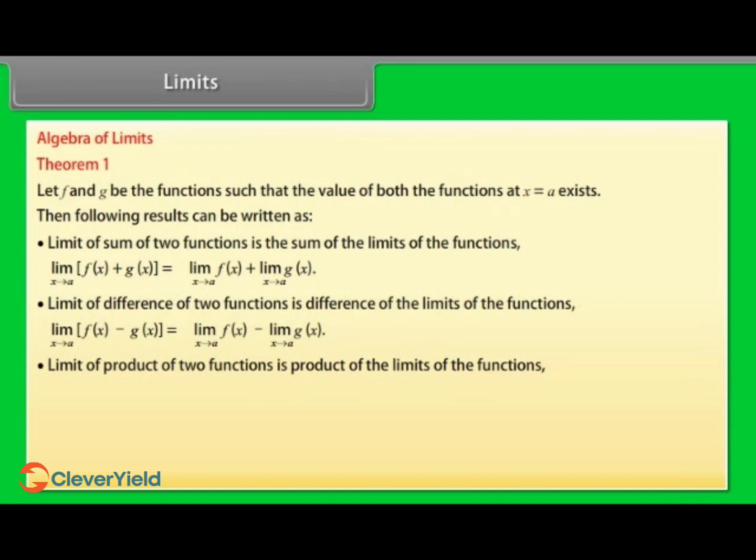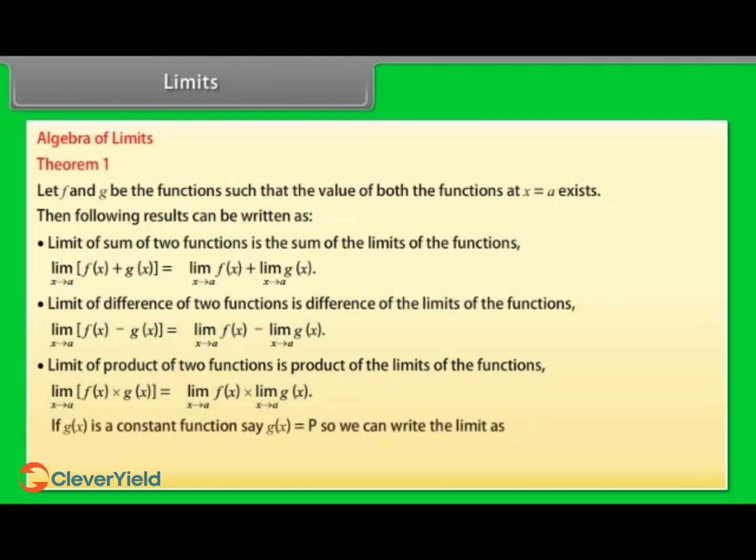Limit of product of two functions is product of the limits of the functions. Limit x tends to a of f of x into g of x is equal to limit x tends to a of f of x multiplied by limit x tends to a of g of x. If g of x is a constant function, say g of x is equal to p, so we can write the limit as limit x tends to a of p into f of x is equal to p multiplied by limit x tends to a of f of x.